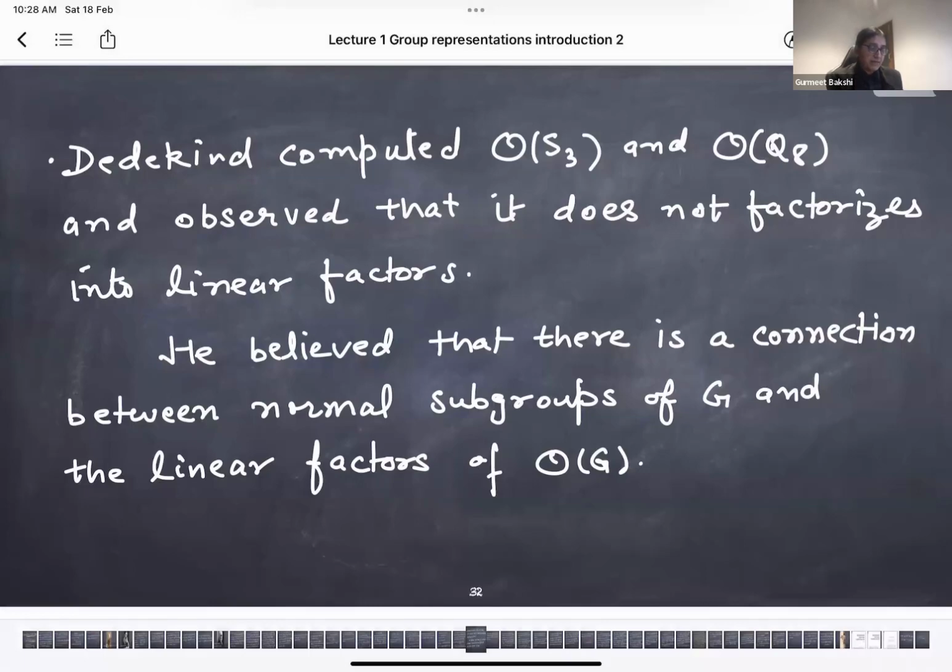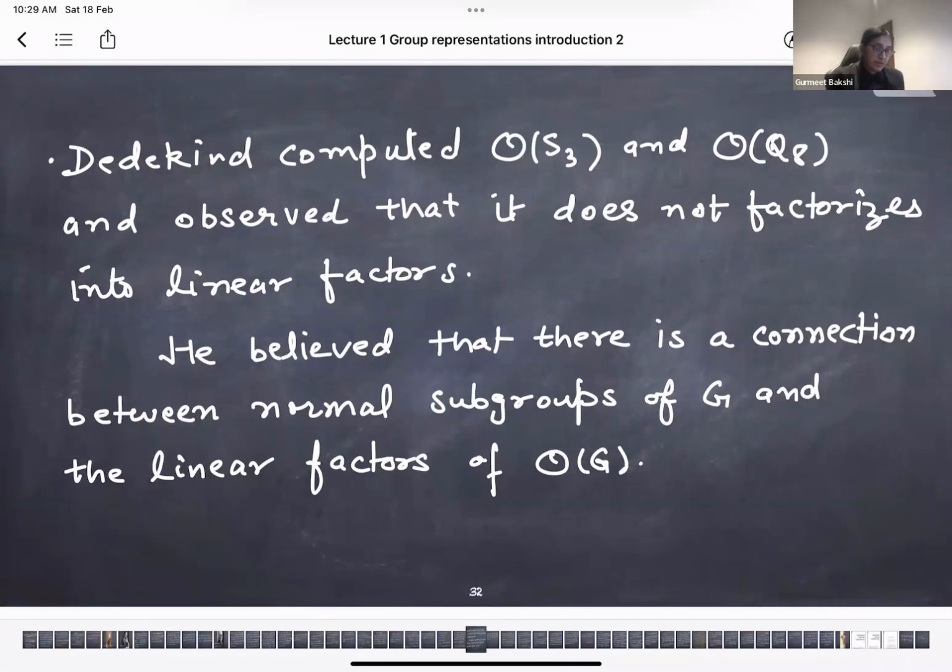He believed that there is a connection between the normal subgroups of the group and the linear factors of the group determinant.